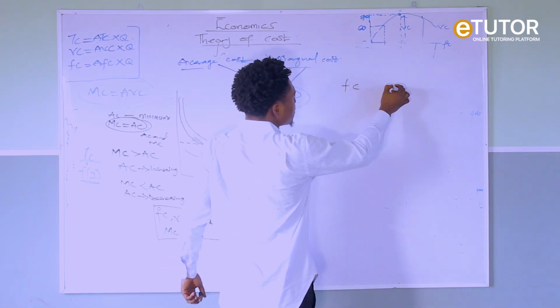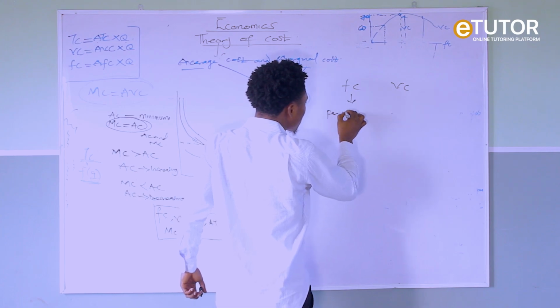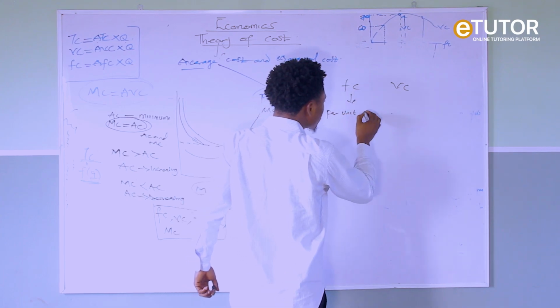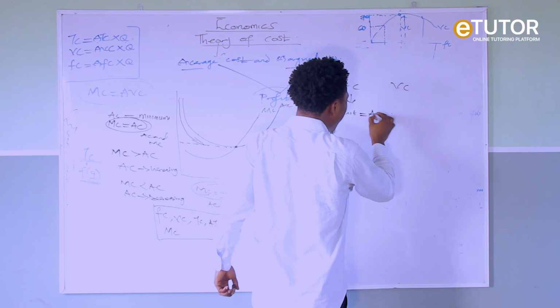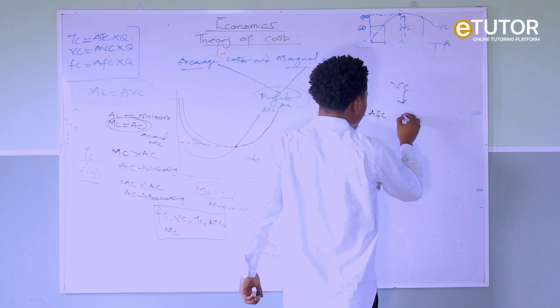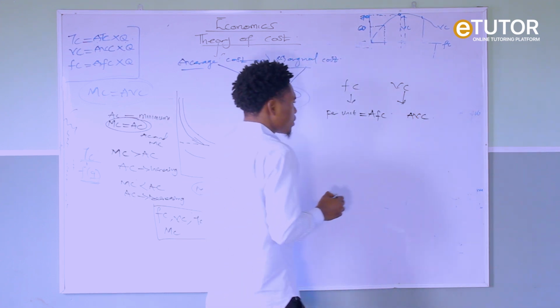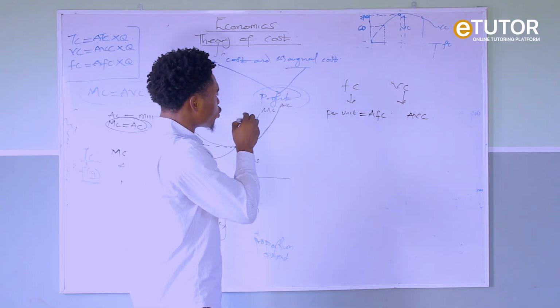This is fixed cost, and this is variable cost. Now, the per unit of this fixed cost is equal to our average fixed cost. The per unit of variable cost is equal to our average variable cost.